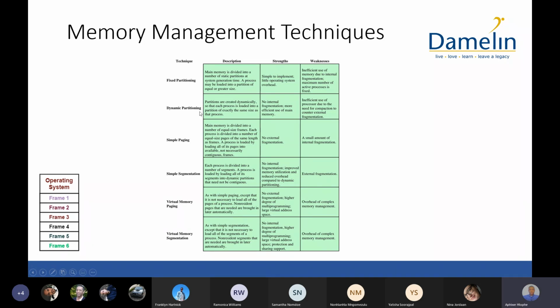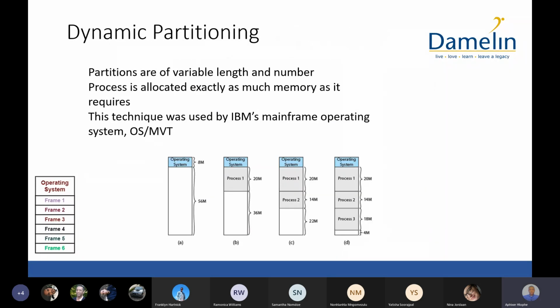Then we have dynamic partitioning, which means a process or a page will partition the main memory dynamically based on the amount that it needs. But then you can see in this slide that this process slowly becomes a free for all. The processes are just taking as they want.